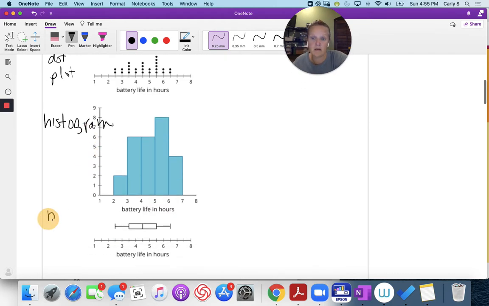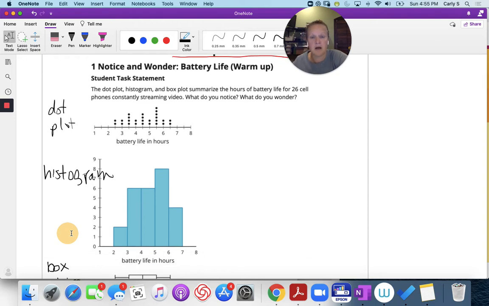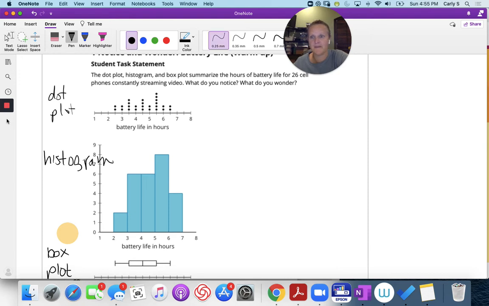Sometimes it's called a box and whisker plot. So the dot plot, histogram, and box plot summarize the hours of battery life for 26 cell phones constantly streaming video. What do you notice? What do you wonder?